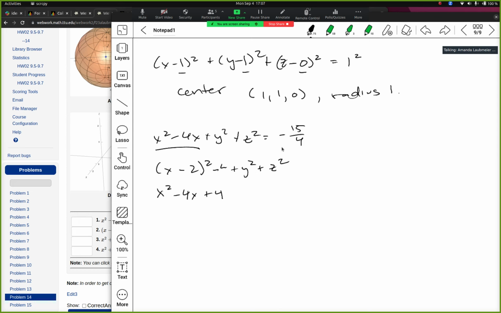So I have to subtract 4 here. An error that I saw sometimes was that people would subtract 4 over here to cancel it out, but you have to add the 4 to cancel out what's on the left side. So if you've done the completing the square, maybe make sure that last bit of algebra worked out so that you got the correct radius at the end.